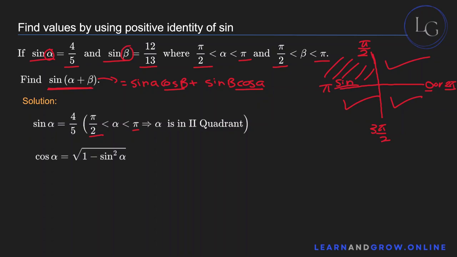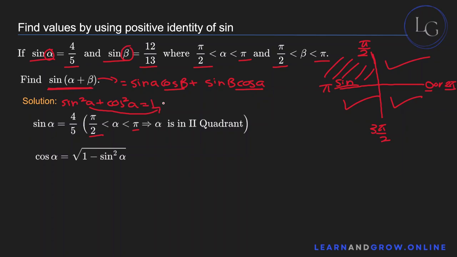Okay, fair enough. Now, you know the formula that sine square alpha plus cos square alpha is equal to 1. We need to make use of sine alpha and sine beta to actually find cos alpha and cos beta. So you can take the sine square alpha to the right hand side. So it becomes 1 minus sine square alpha.